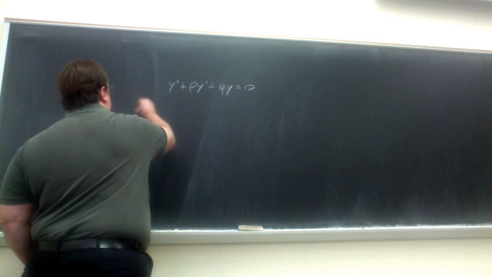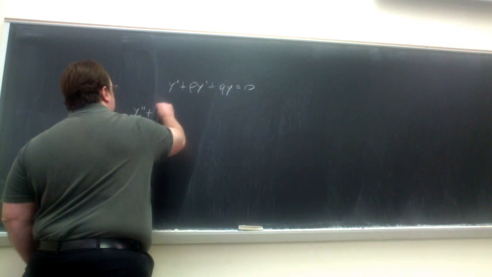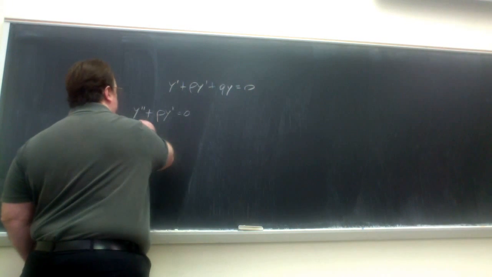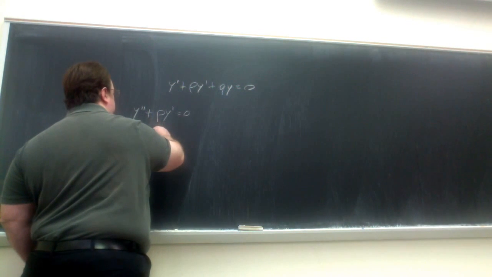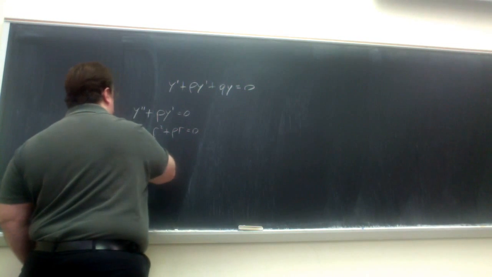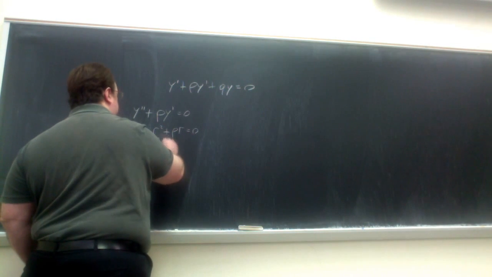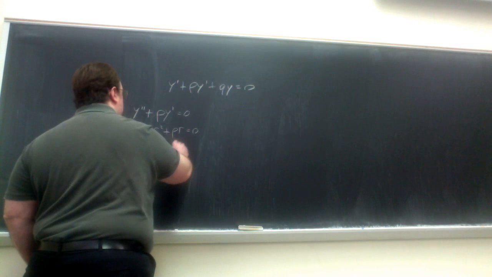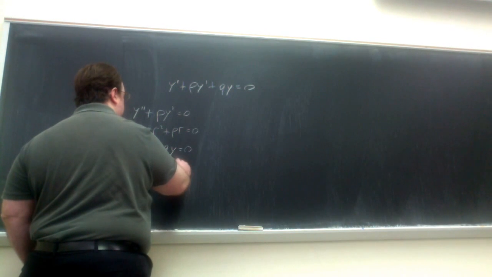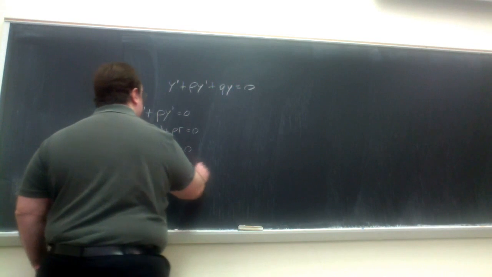If you have something like y double prime plus constant p y prime is equal to 0, so there's no q term, your characteristic equation is r squared plus pr is 0. But if it's the other situation, where qy is equal to 0, your characteristic equation is r squared plus q is equal to 0.